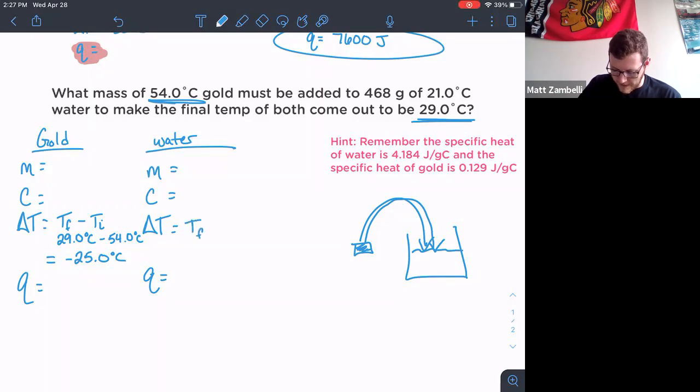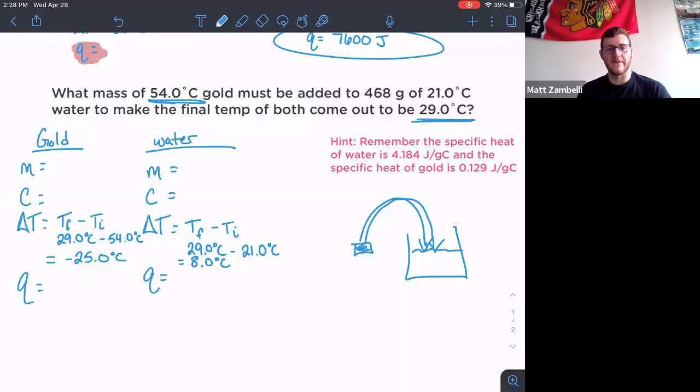So when we do our final temperature minus our initial temperature, we're going to do 29 degrees Celsius for the final temperature, minus the initial temperature of 21 degrees Celsius, which means our change in temperature here is what value? Awesome. It's 8 degrees Celsius. Awesome, awesome, awesome. Okay, so we have our temperatures.